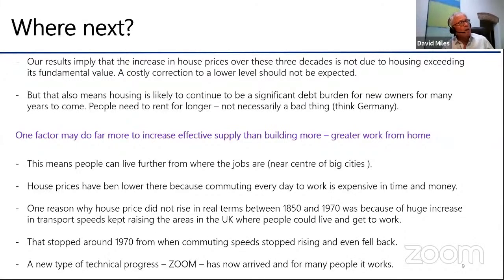As long as one believed the market, which continues today to assume that the very low level of real interest rates will persist for some time in the UK, then there are quite strong reasons for thinking that we're not in a bubble at all, that this big increase in real house prices over the last 30, 40 years is a sustainable phenomenon.